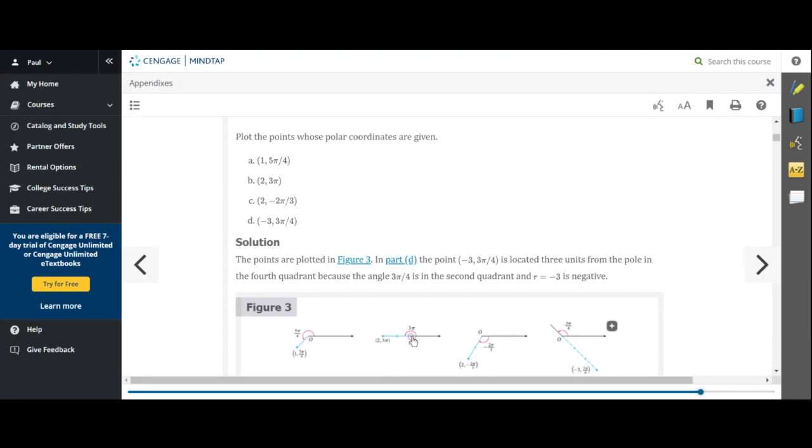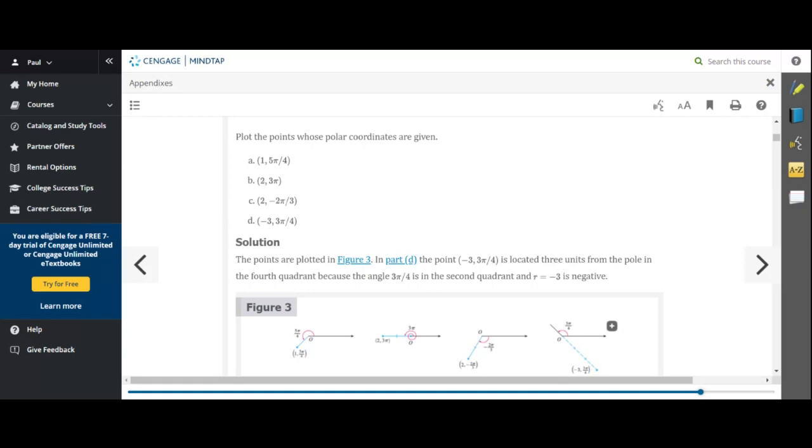So from the x-axis, you go out, you measure 3 pi or 540 degrees. Well, one rotation is 360 degrees. So you have to move out another 180 degrees to get to the 3 pi. So that 3 pi is 540 degrees.